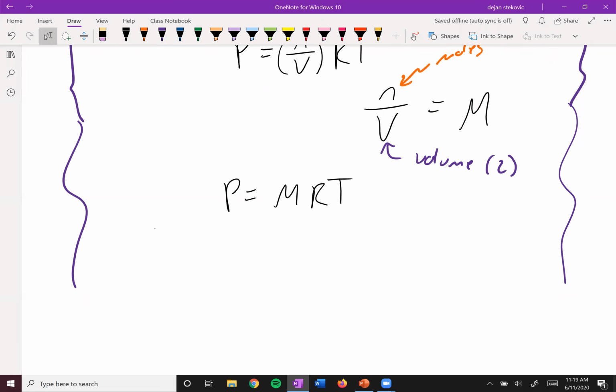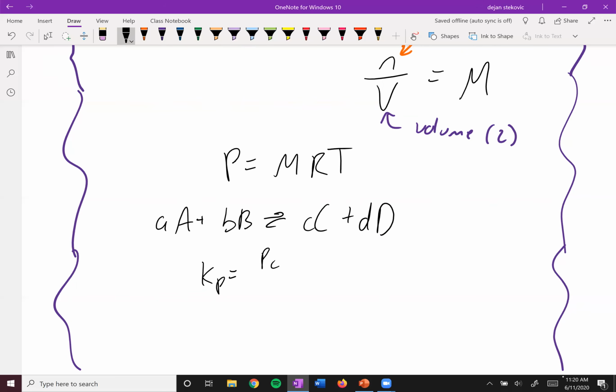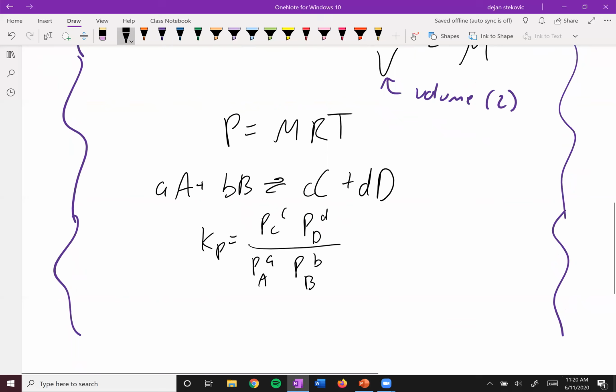And so if we have a reaction where all of these are gases, aA plus bB in equilibrium with cC plus dD, again, we're pretending they're all gases, we can say that Kp is equal to the partial pressure of C to the power of c, partial pressure of D to the power of d, over the partial pressure of A to the power of a, times the partial pressure of B to the power of b.